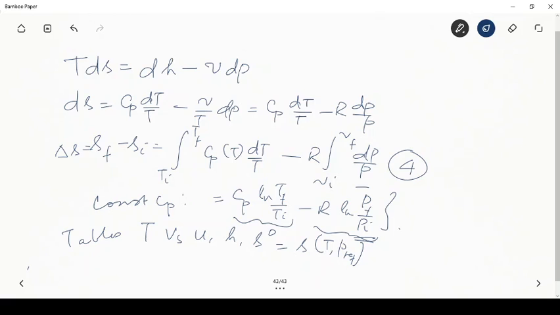So Sf minus Si is equal to S naught at Tf minus S naught at Ti, which is actually equal to this quantity, minus R log Pf by Pi. This can be looked up from the ideal gas tables, and this can be evaluated for the pressure ratio.